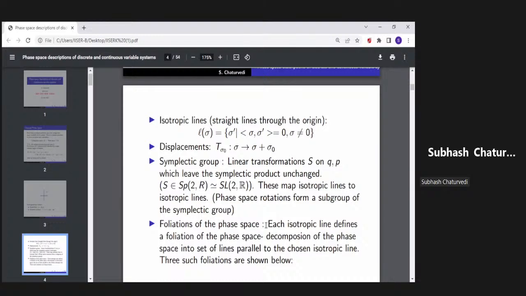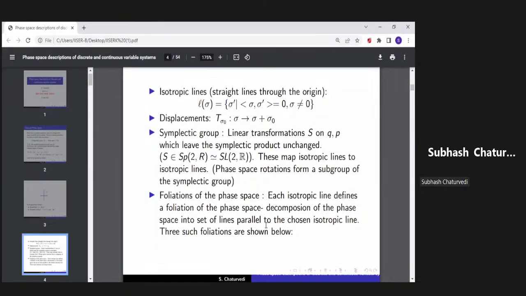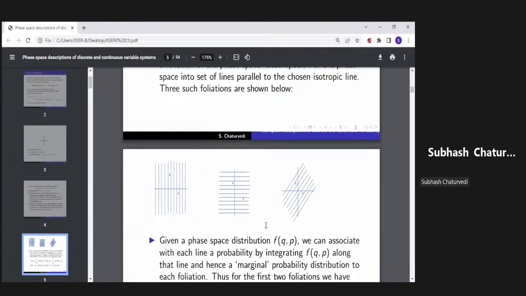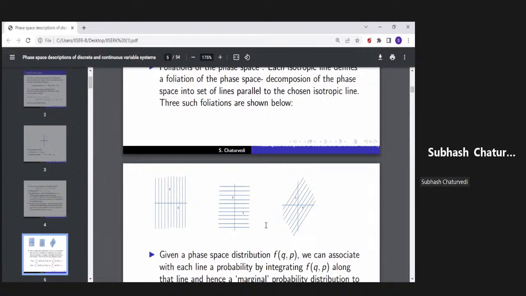So in the context that we are dealing with at the moment, 2 or 3 foliations or striations are indicated in these figures. Of course, we would have one such foliation of the phase space for each isotropic line.